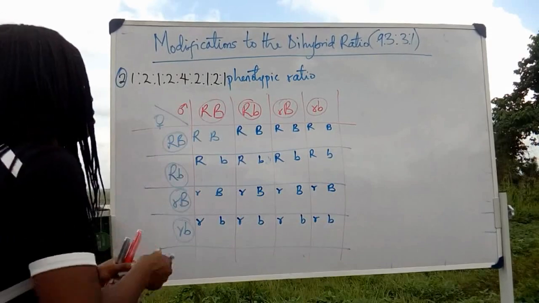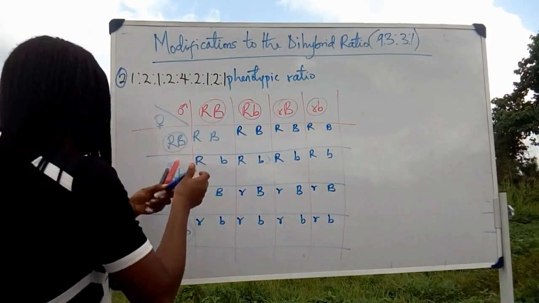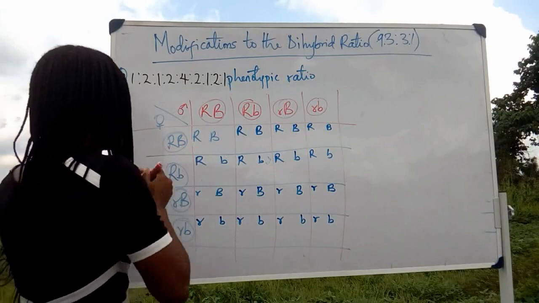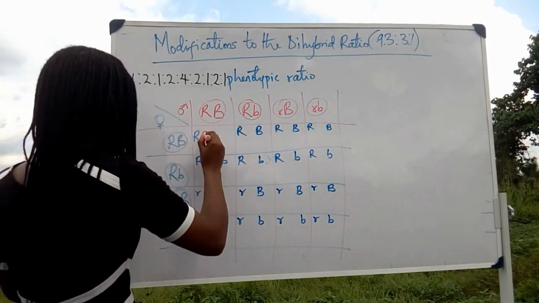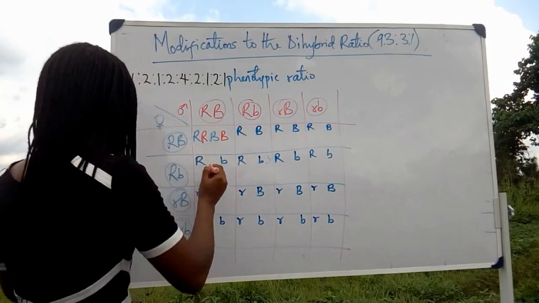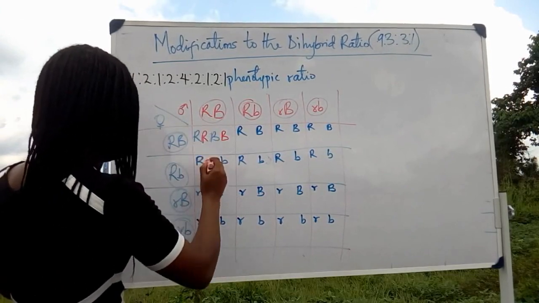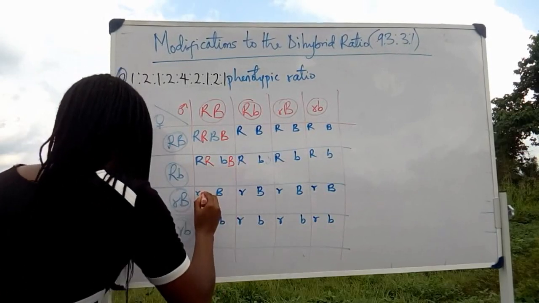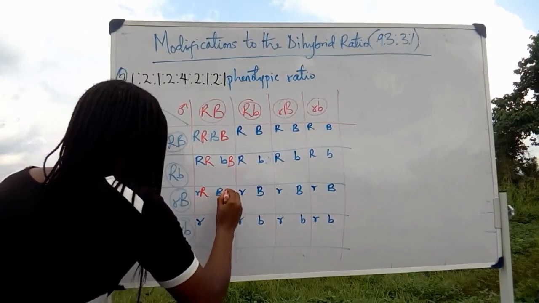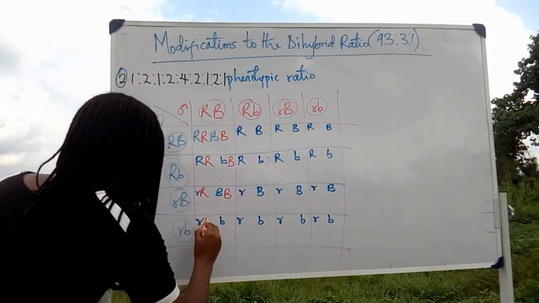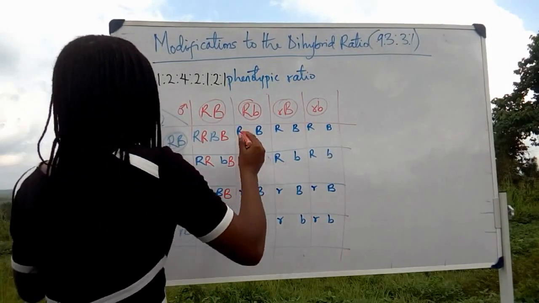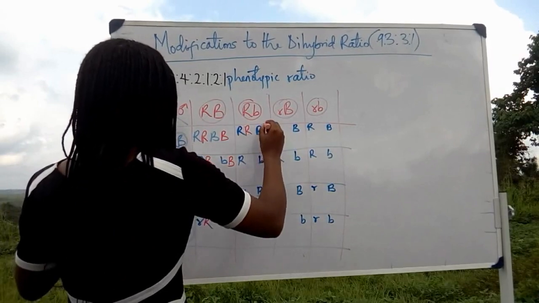Then the male gametes will fuse to give us R and B, R and B, R and B, R and B. So we have this.